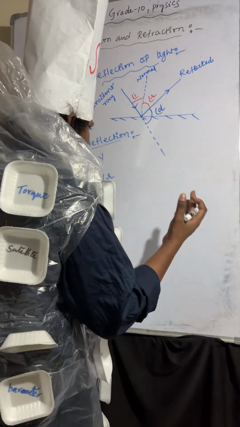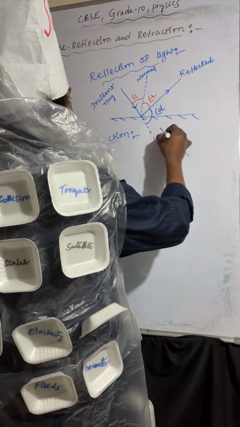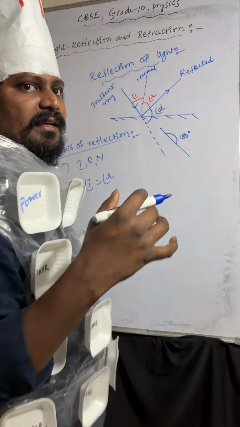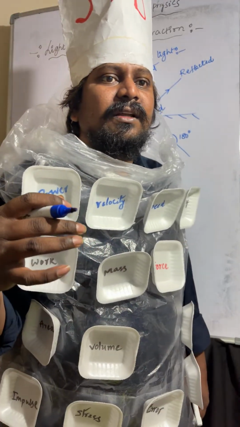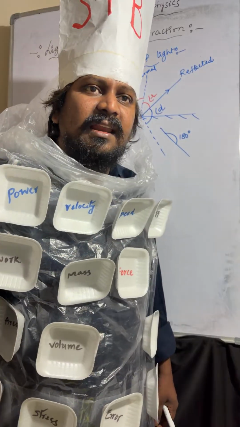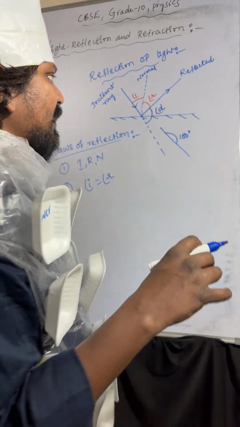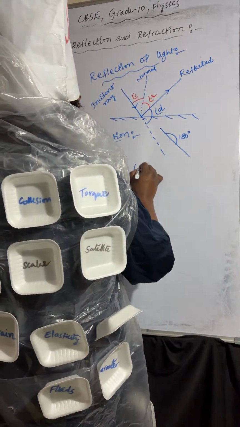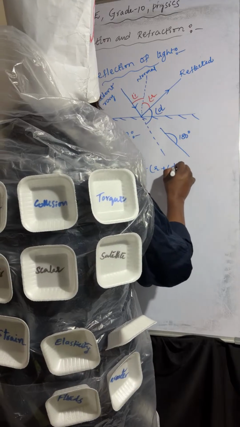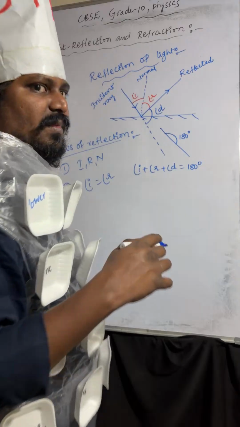Coming to the next one. This angle you are taking is 180 degrees. So angle of incidence plus angle of reflection plus angle of deviation equals 180 degrees. Understood?